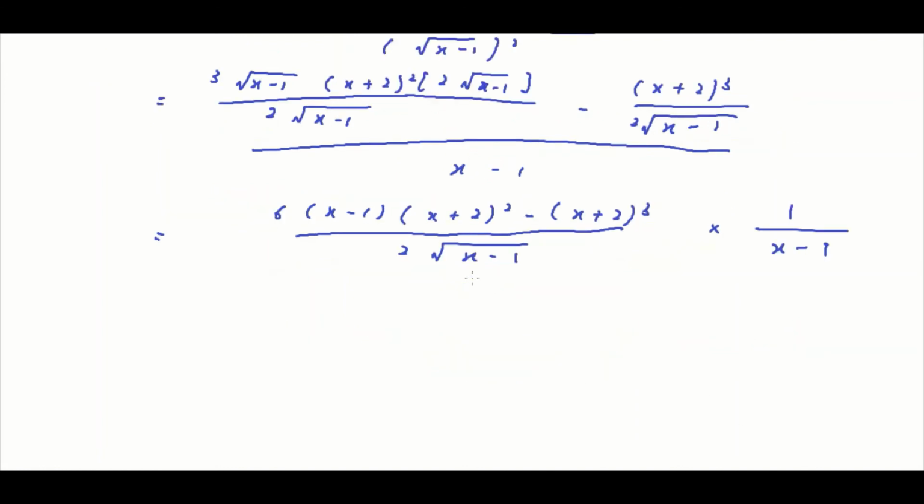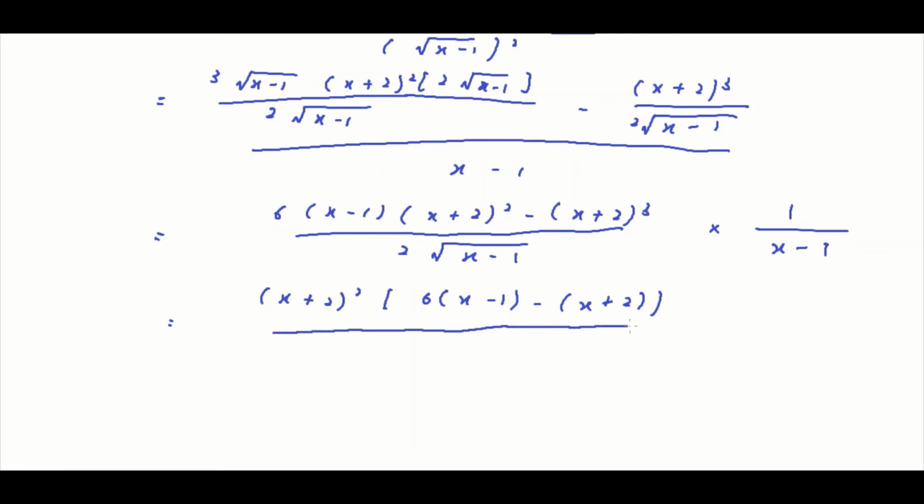Okay, so now you can try to combine them together. For the first part here, there's something that we can try to simplify again, which is (x plus 2). So (x plus 2) squared, then you are left with 6(x minus 1) minus (x plus 2). Okay, same thing, factorization. You are taking out the lowest common factor, the common factor with the lowest degree here.